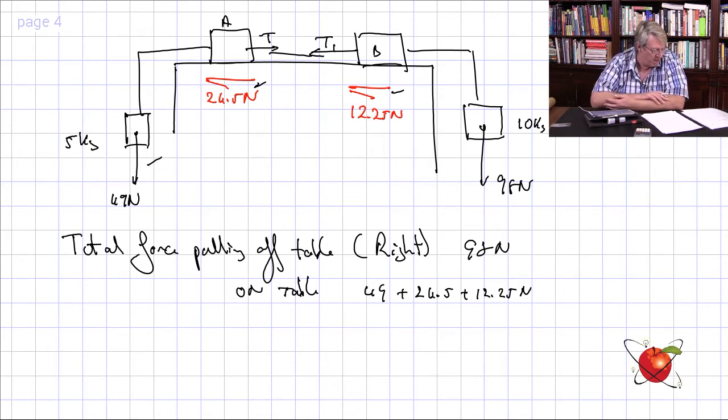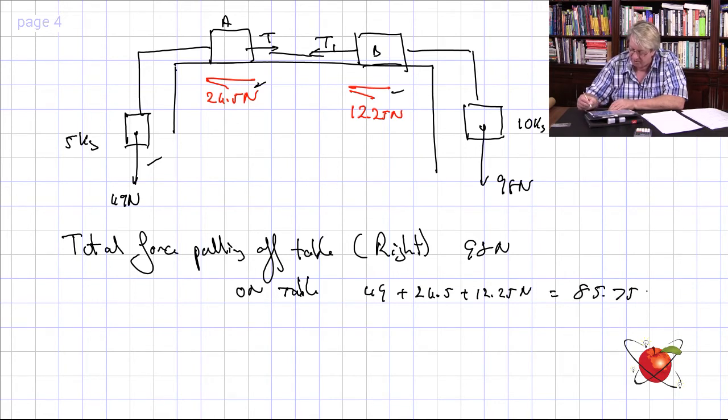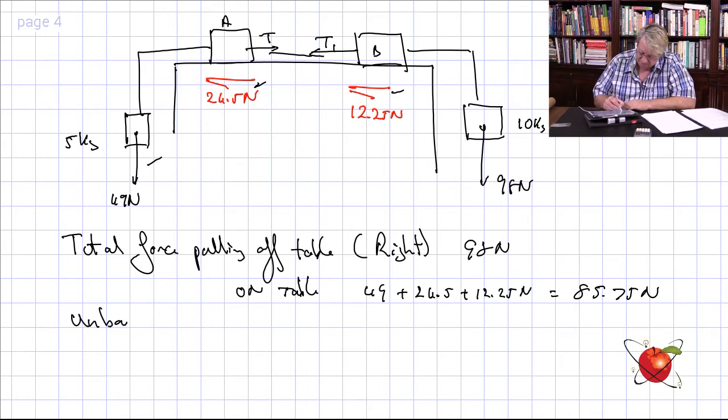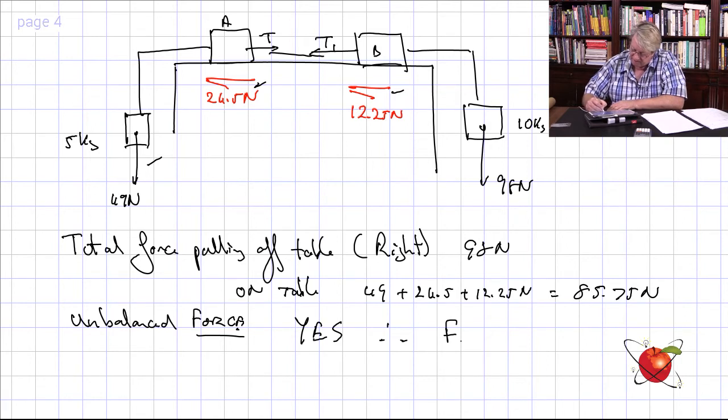Therefore, we say, do we have an unbalanced force now? Well, let's add that up. That is total keeping me on the table, 85.75 newtons. There's more pulling me off than keeping me on. Therefore, we say unbalanced force, yes, therefore F net.